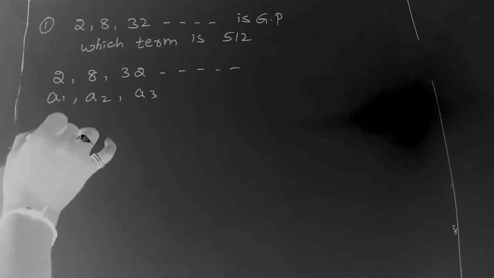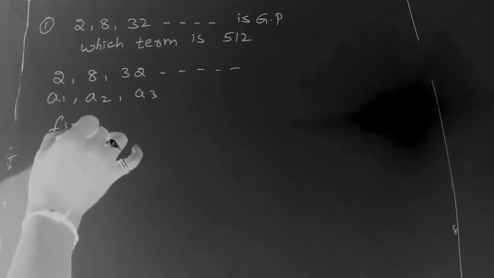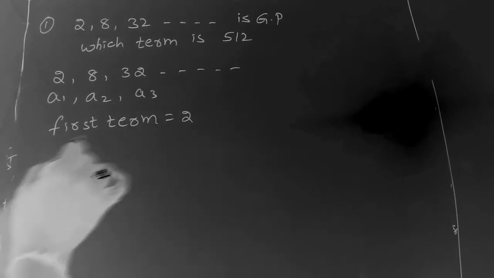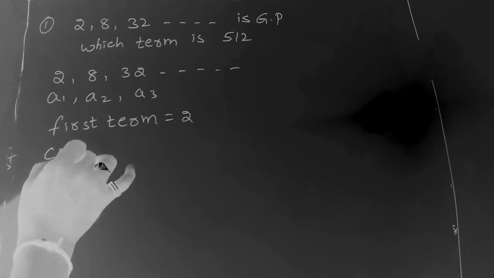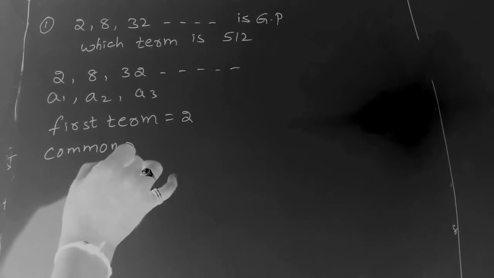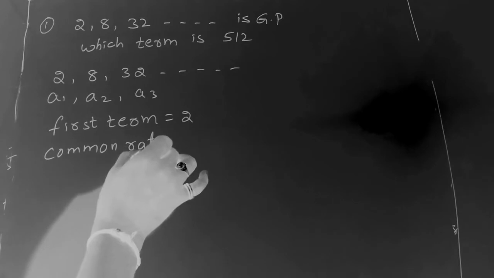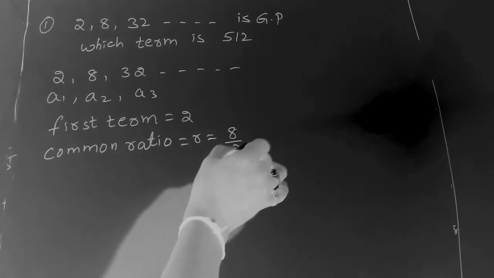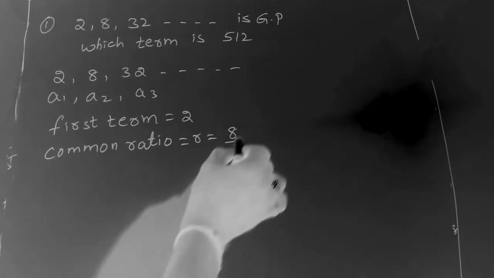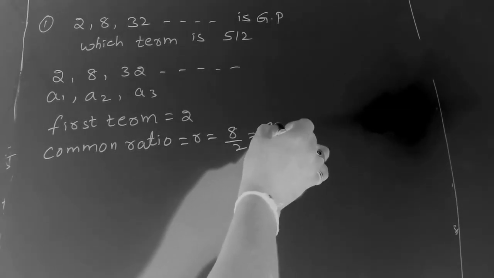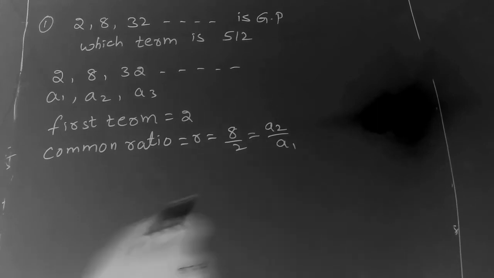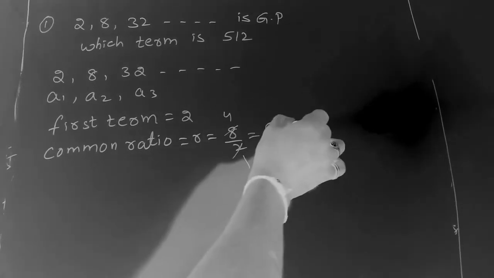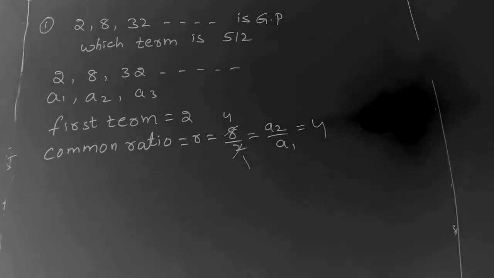So first you write first term of the series, that is nothing but 2, and a common ratio, that is r is equal to 8 by 2, T2 by T1, that is nothing but second term by first term, a2 by a1, 2 1 time, 2 4 times. Finally I am getting the common ratio is 4.